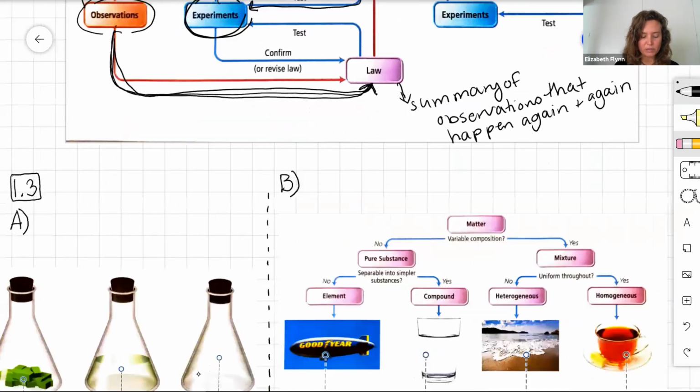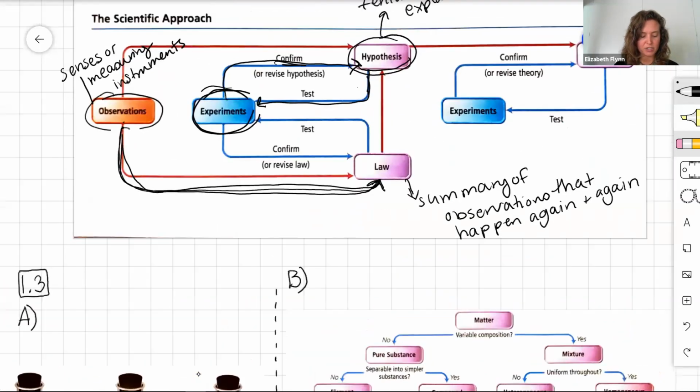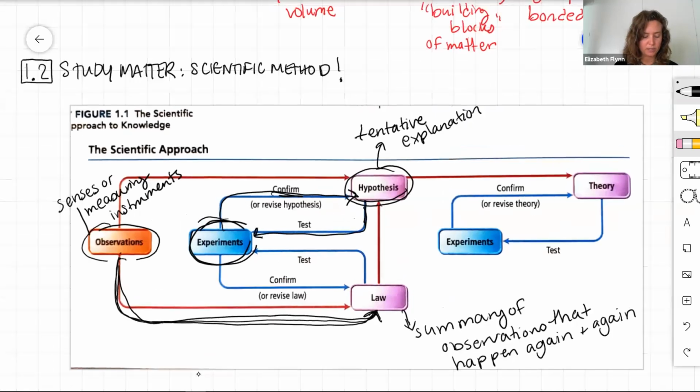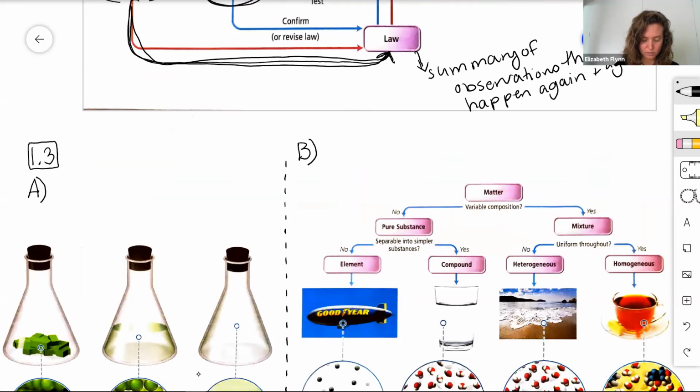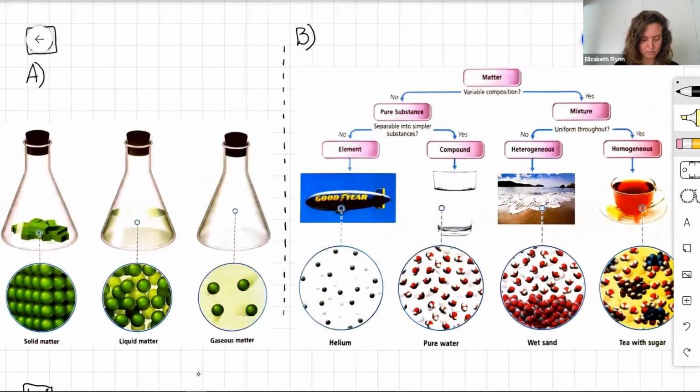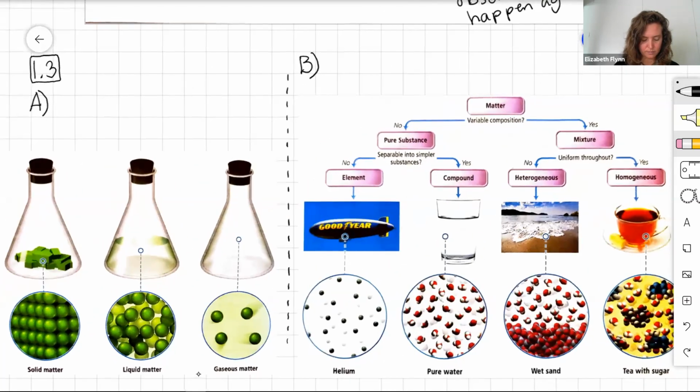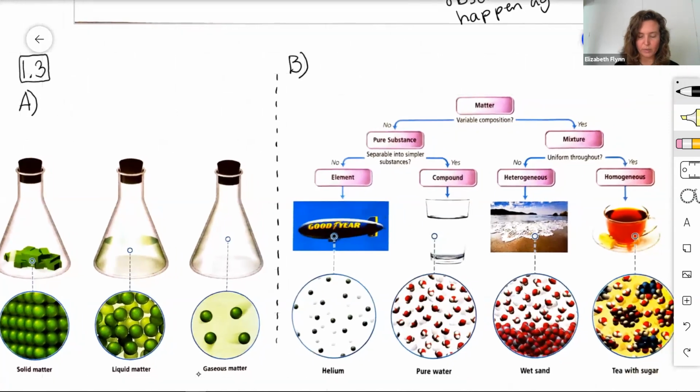So in section 1.3, and by the way, you're all seeing the section numbers on the side here. That's from the textbook. Okay, so we can talk about how to classify matter.